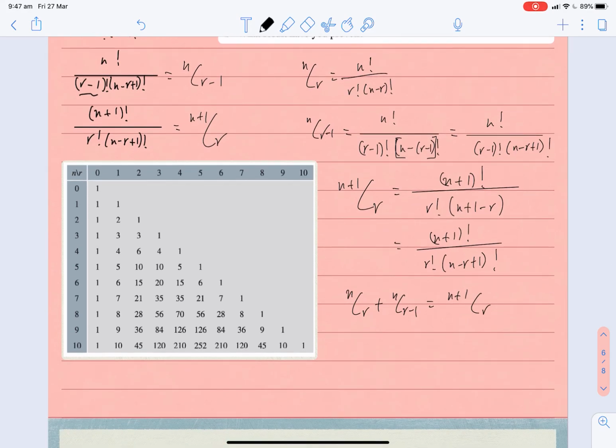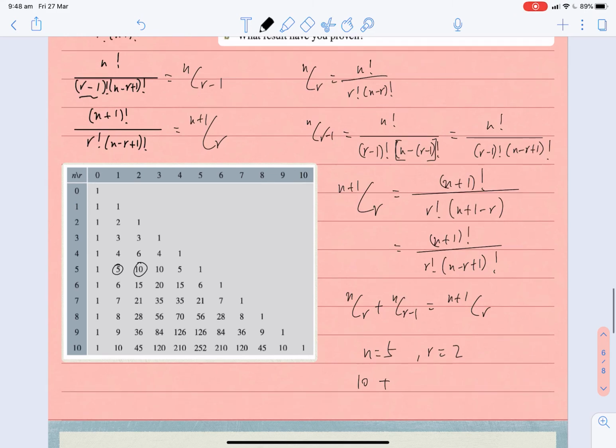It's still a little bit hard to see what it proved, but if we pick a few numbers, let's say n is 5 and r is 2. So n choose r, 5 choose 2, is 10, plus n choose r minus 1, which is 2 minus 1 is 1, so 5 choose 1, which is 5, equals 15.